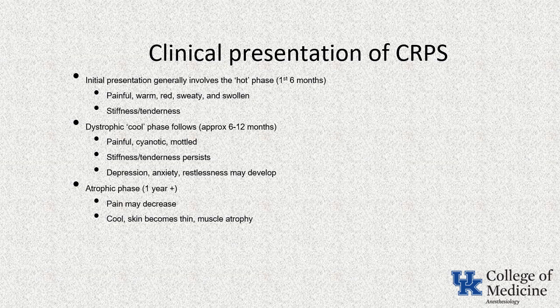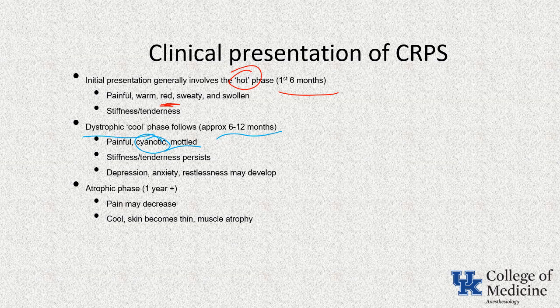CRPS used to be taught in 3 different phases. It doesn't necessarily occur like this, but this was a former school of thought. There's a hot phase within the first 6 months, where you have a painful, warm, red, sweaty, swollen extremity, which they thought then progressed in the second 6 to 12 months to a cold, cyanotic, mottled extremity.